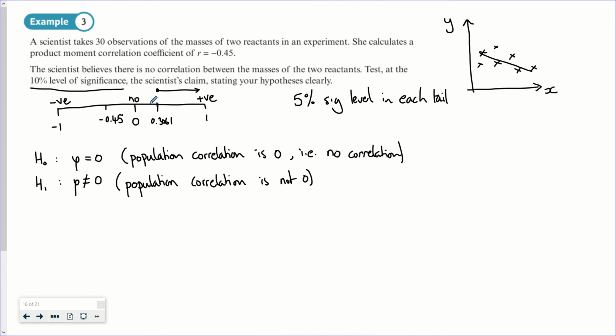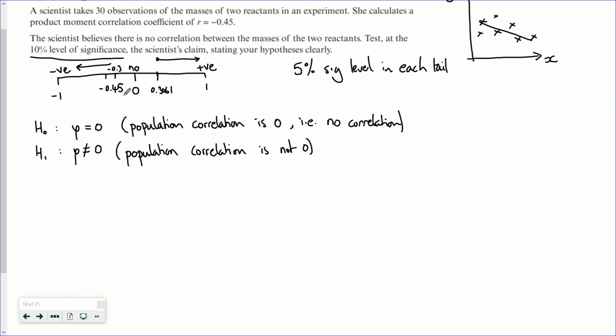So our critical region on the left-hand side for concluding that there's a negative correlation is exactly the same, but we put a minus in front of it. So our critical region on the left-hand side would be less than minus 0.3061. And that's our critical region there. And we can conclude, if we're to the left of that point, that there's a negative correlation.